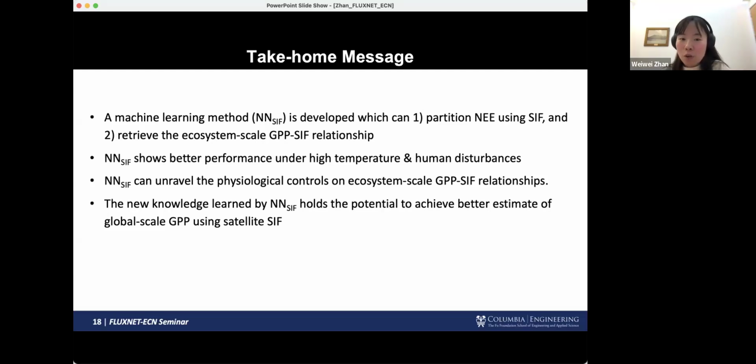But for now, we are training the network using half-hourly or hourly time series, but we shuffle those time series when we divide them into training, validation, and test sets. So the short answer is it is trained on half-hourly time series, but not in a sequential order, like from the first day to the last day.